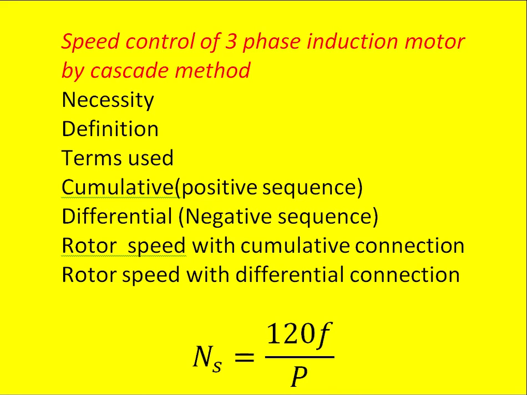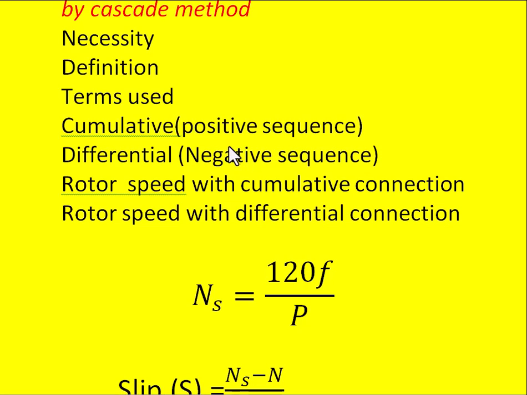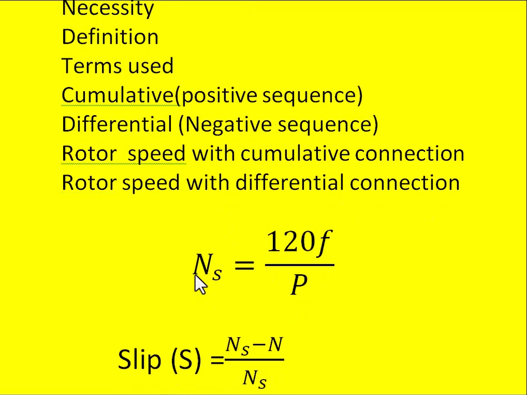Under these two conditions, it is necessary to know what the common speed of the motors is while they are connected in cumulative mode and while they are connected in differential mode. In this video, we also cover some of the terms which were already known.